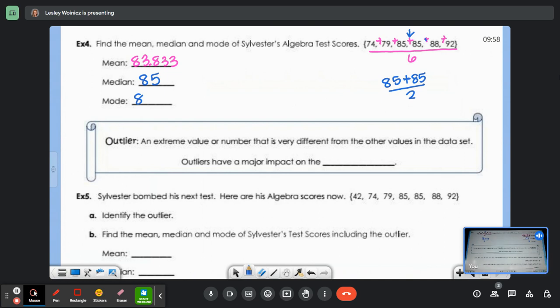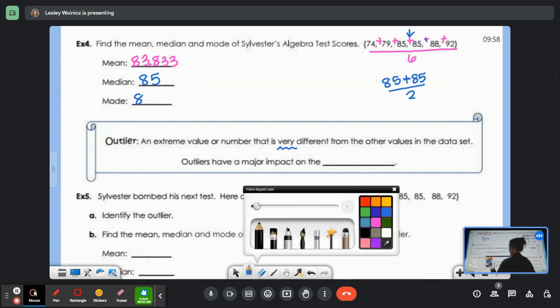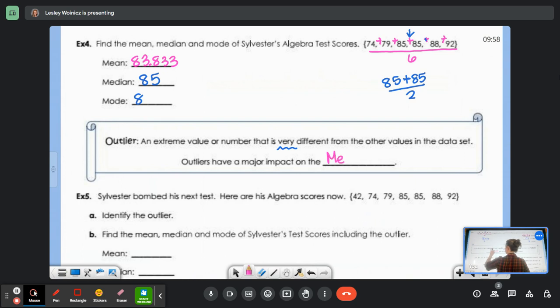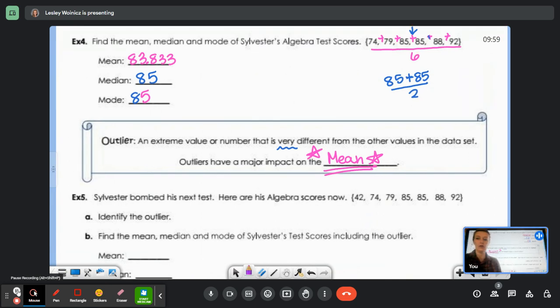The outlier is an extreme value or number that is very different from the other values in a data set. Outliers have a major impact on the mean. Okay, so we've all had this happen to us.